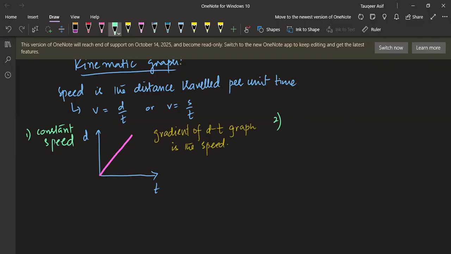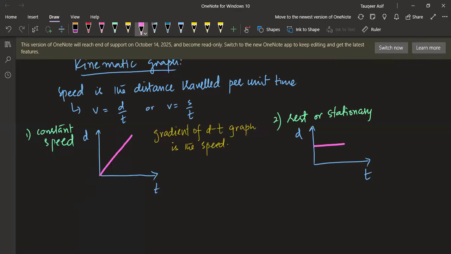Now, if the body is not moving, or let's say at rest or stationary, the line will be a horizontal line that shows there's no change in the distance.